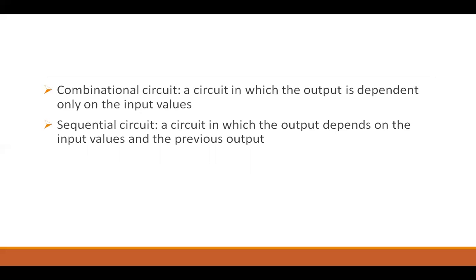A sequential circuit has the ability to retain the previous state. Whatever the previous output state of the circuit was, it is retained. The memory state, you can call it, the memory state is retained, and the next output is always based on the input value and the previous output.